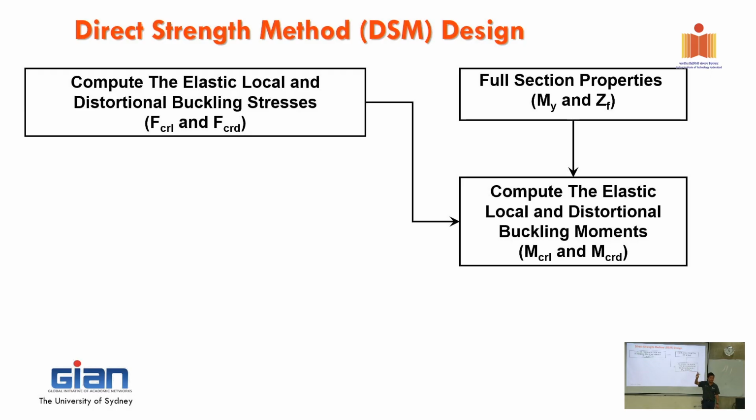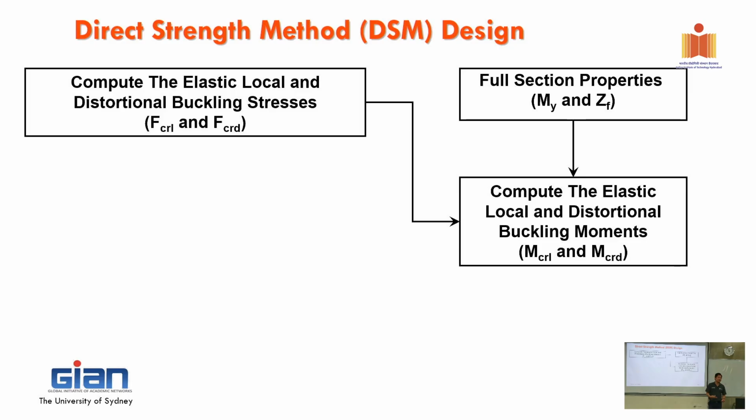Remember two things. This is elastic buckling, but this is the strength, the strength in local buckling and the strength in distortional buckling. Right. Now, confusing about strength and elastic buckling? Anyone? So, elastic buckling is, in theory, very perfect, right? It's buckling analysis. But this is the strength, the local strength.